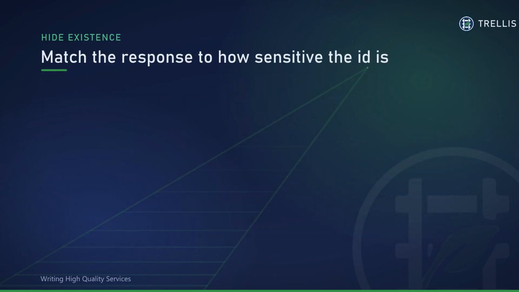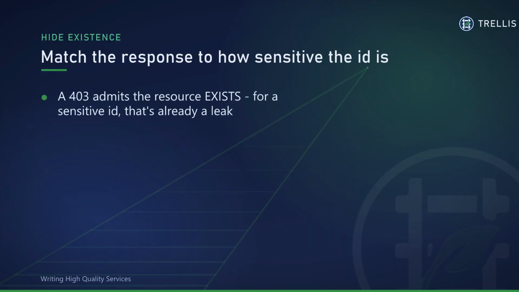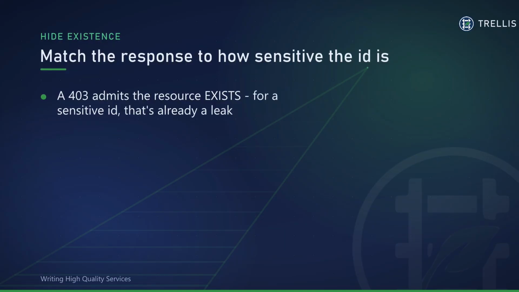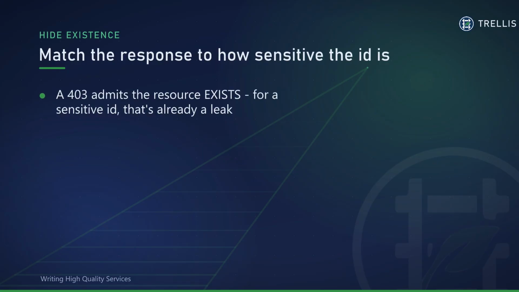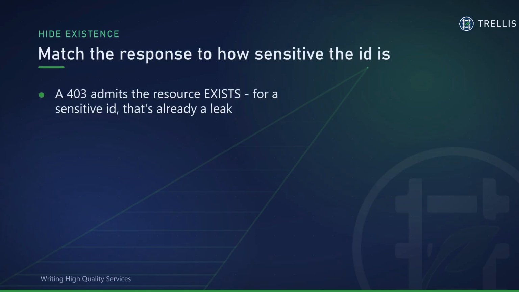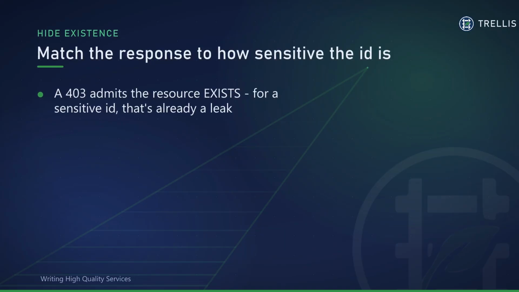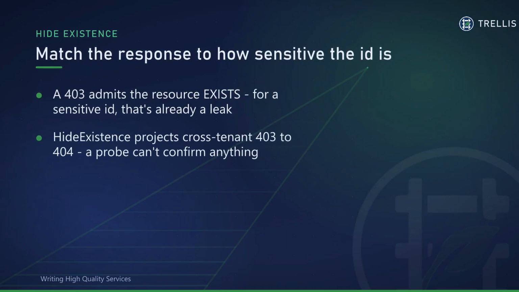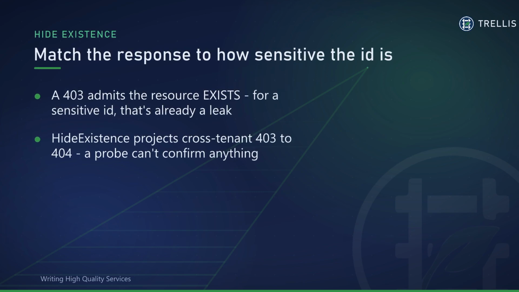Let's dwell on that last move, because it's a lovely detail. A 403 forbidden is honest, but sometimes too honest. Telling an attacker you're forbidden also tells them the resource exists. For a sensitive identifier, say, whether a particular person is an employee, that existence is itself the leak. So hide existence projects a cross-tenant forbidden into a plain 404 not found.